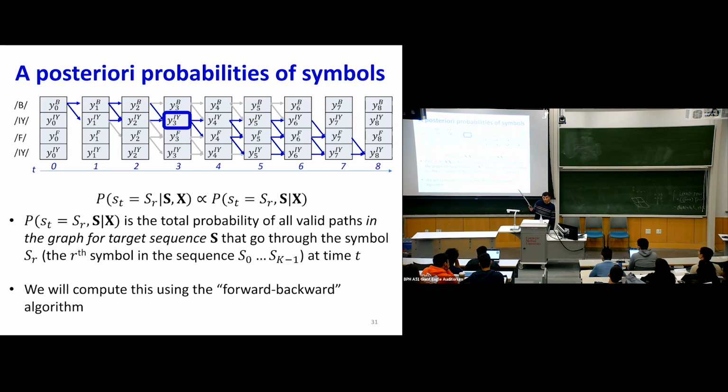No, right? How many of you think it's going to be 1? What is the total probability of all paths that go to the bottom right node? What would it be? It is the total probability of all alignments of S0 through Sk minus 1 to the input, correct?